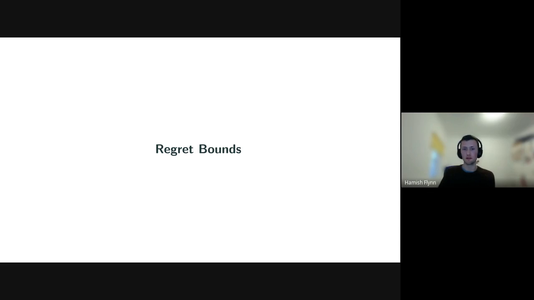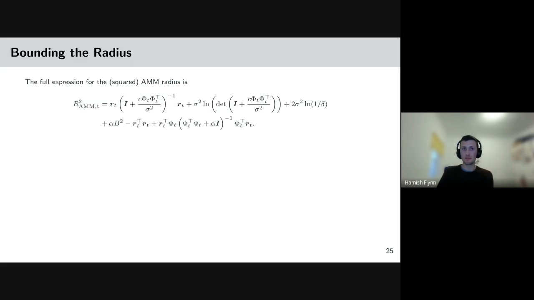So we only need to worry about the regret of AMM UCB. Since AMM UCB uses confidence ellipsoids, which are essentially the same as the OFUL confidence sets apart from the radius, we can reuse lots of the OFUL regret analysis. The main thing we need to do is to find a bound on this different radius quantity.